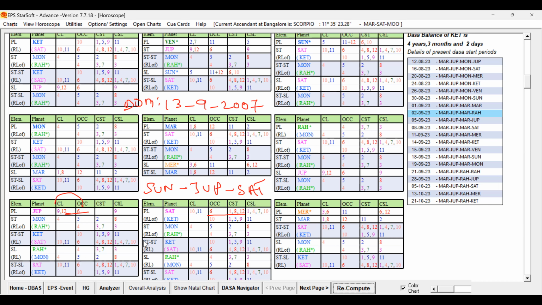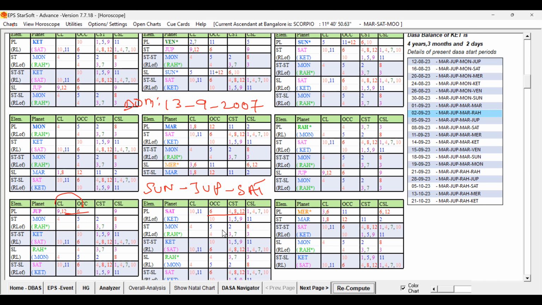How did we select as per EPS? We have taken the CL, OCC, CST, and CSL, all the houses, and also level-wise grouping. By the technique called key planets, we are able to identify that planet's self-signification strength, whether it is moderate, weak, mixed, or good.